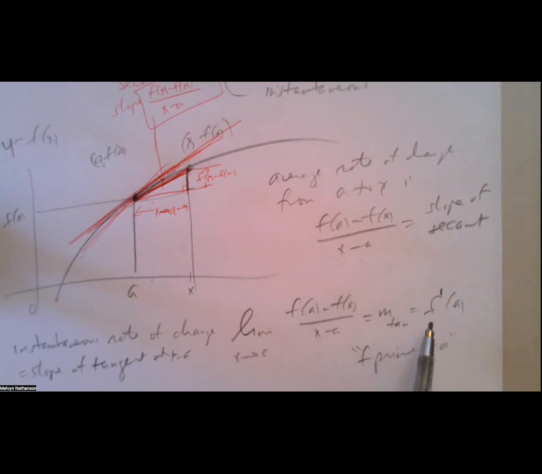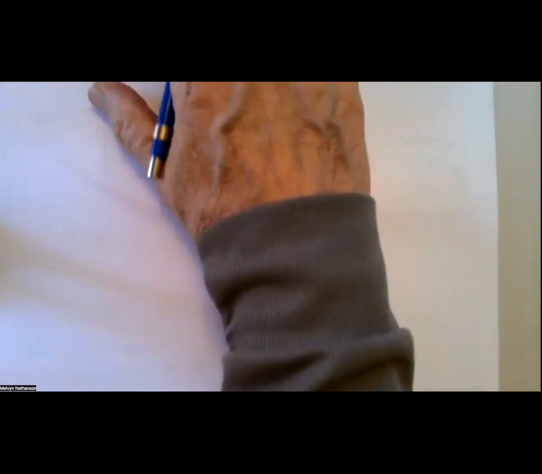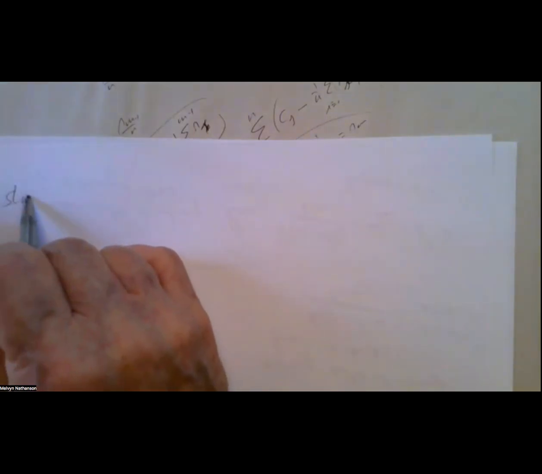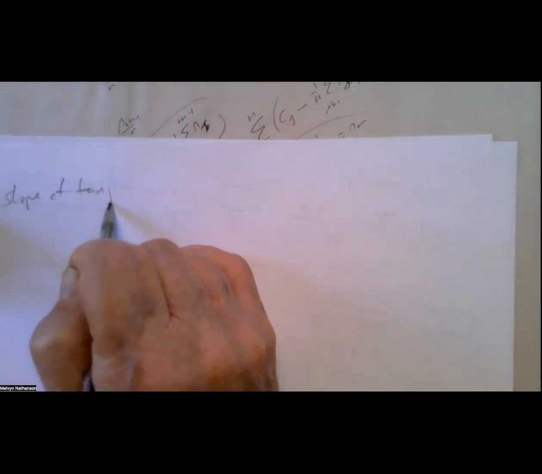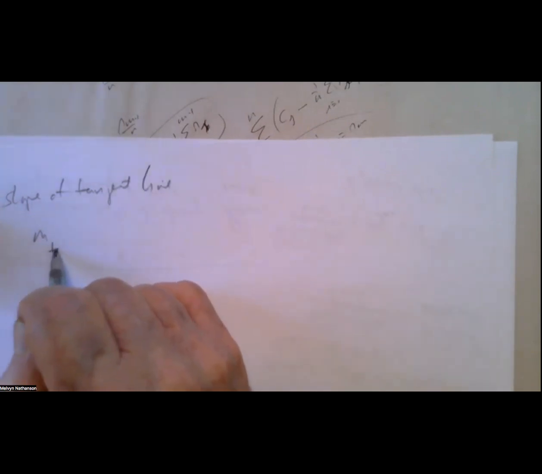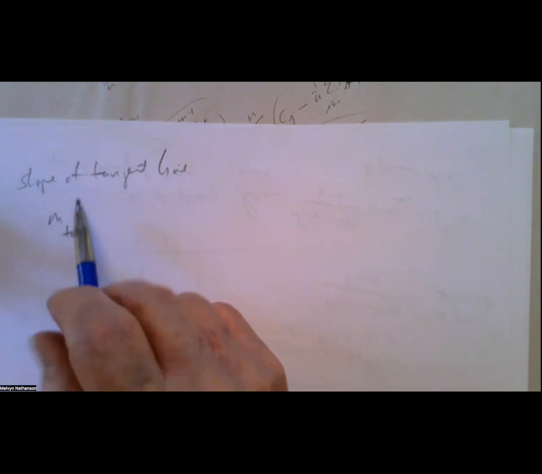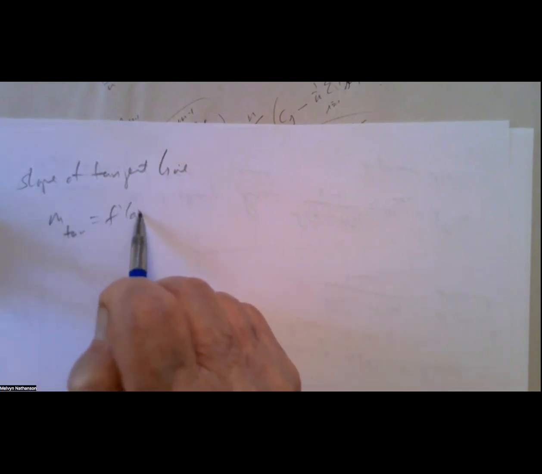So the slope of the tangent line, which is M sub tangent. M we often use when you write y equals mx plus b for a straight line. M is the slope, or f prime of a.